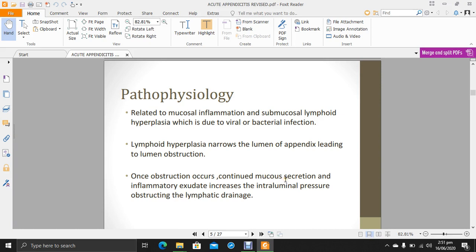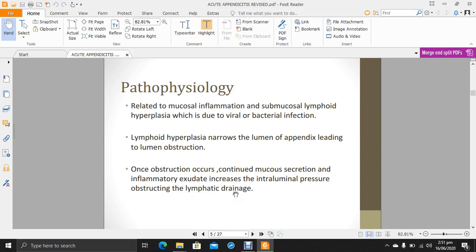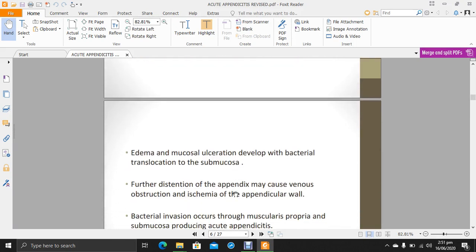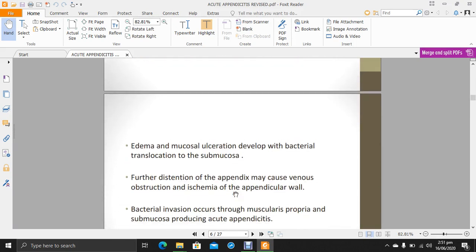continuous mucus secretion and inflammatory exudate increase the intraluminal pressure, obstructing the lymphatic drainage. Then edema and mucosal ulceration develop with bacterial translocation to the submucosa.